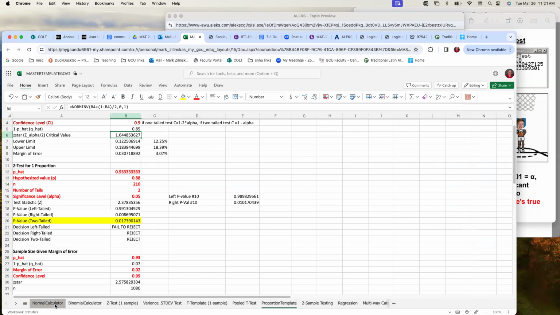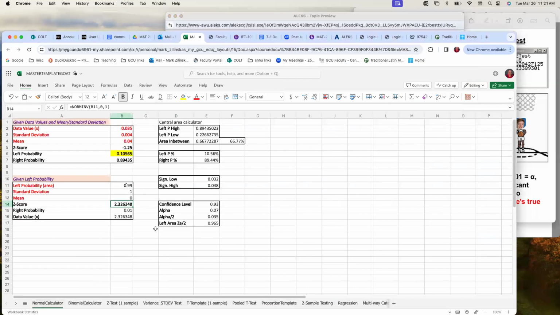I was trying to look over here on the normal, and I didn't see... oh, wait, here it would be, I'm sorry. If the left probability area is 10%, that would mean 5% in the tail.